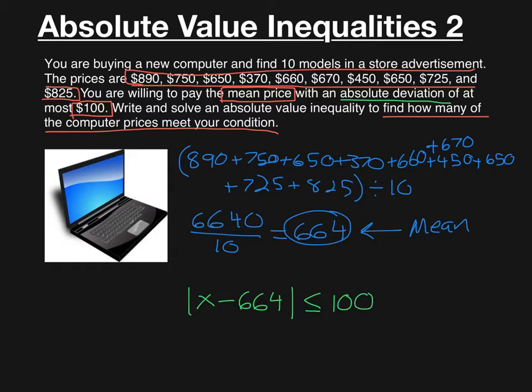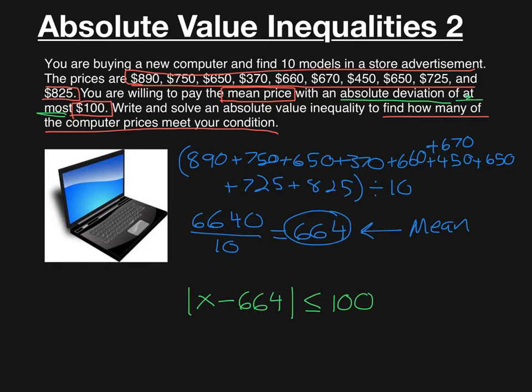The reason we use less than or equal to here is because it says the absolute deviation is at most $100, meaning that the distance between x and 664 could be $0, right? We'd be willing to pay 664. It could be $10. We'd be willing to pay 10 more or 10 less, all the way up to 100 more or 100 less.